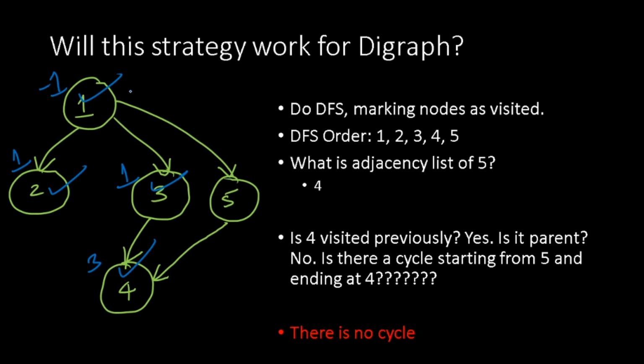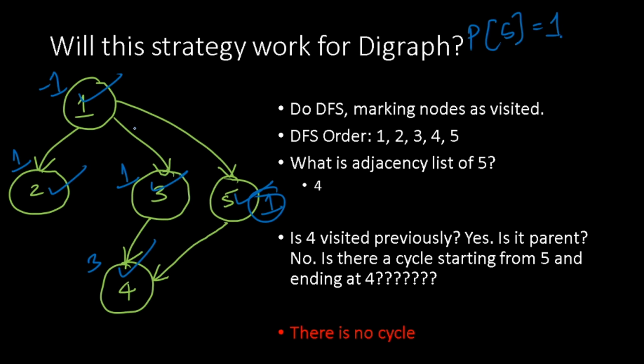No, so we recurse back. From 1, we look at its unvisited children, 5. We visit it and mark its parent as 1. From 5, we know that we can visit 4. Is 4 the parent of 5? The parent of 5 is 1. So 4 is not the parent of 5.